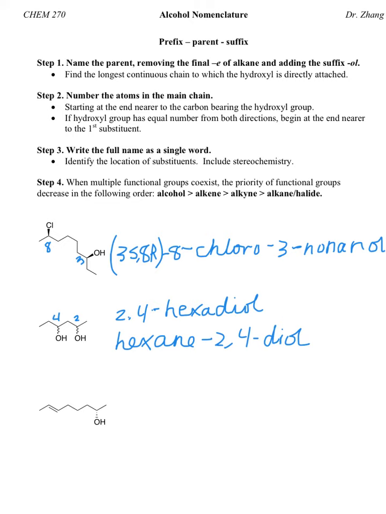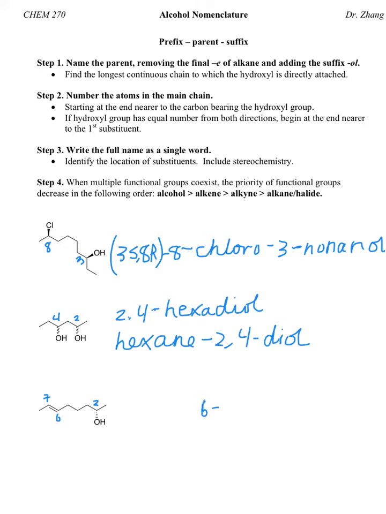Therefore, the OH group is bound to carbon number 2, and the double bond is on carbon number 6.